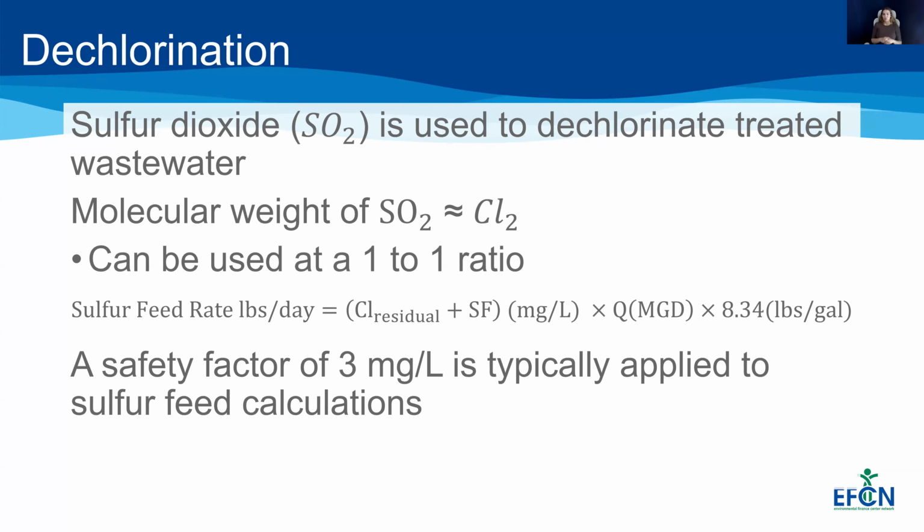So as you can see, we have a sulfur feed rate problem that is very similar to our chlorine feed and our BOD loading. It takes that typical average chlorine residual plus the safety factor. Both of those are in concentration of milligrams per liter. This is multiplied by the flow, which is multiplied by my conversion factor.